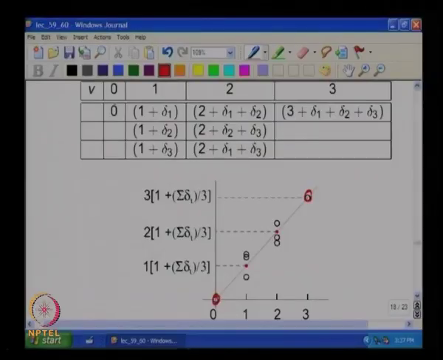When the code is 3, all the 3 are on. So, whether it is 0 or 3, there is no freedom of choice. If the errors in each of these elements are delta 1, delta 2 and delta 3, then the full scale is 3 plus delta 1 plus delta 2 plus delta 3, and the lowest point is 0.